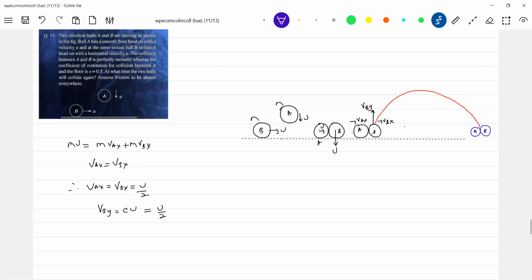When ball is somewhere here, the ball will be somewhere here. Small idea-based problem, nothing big.